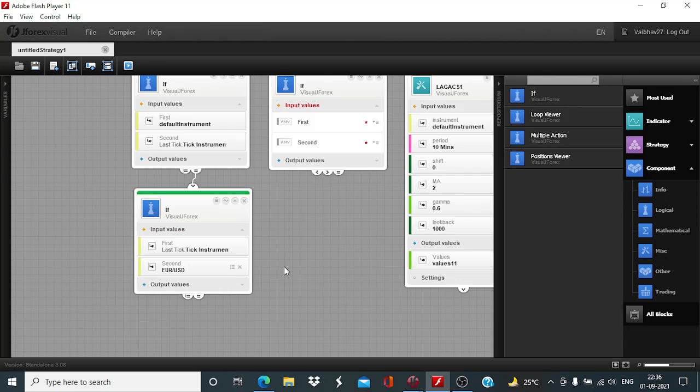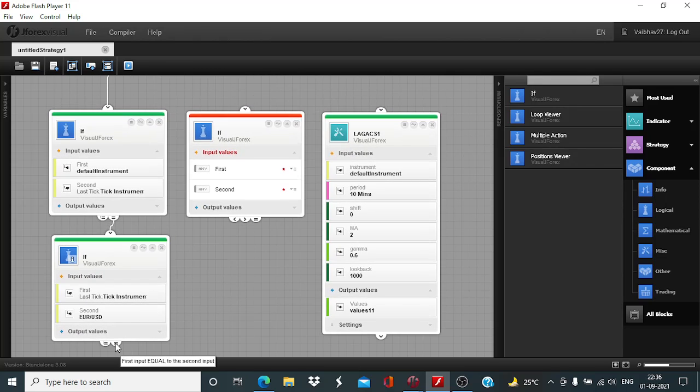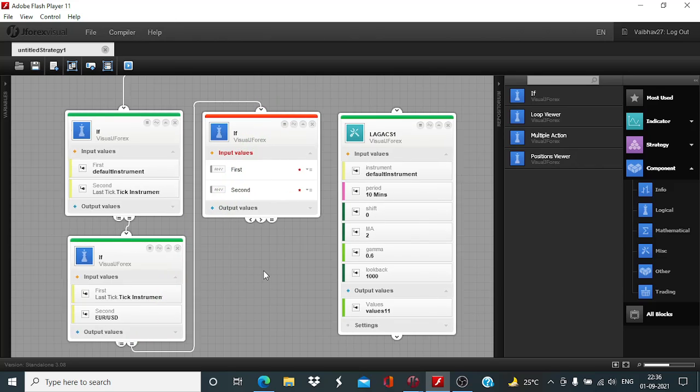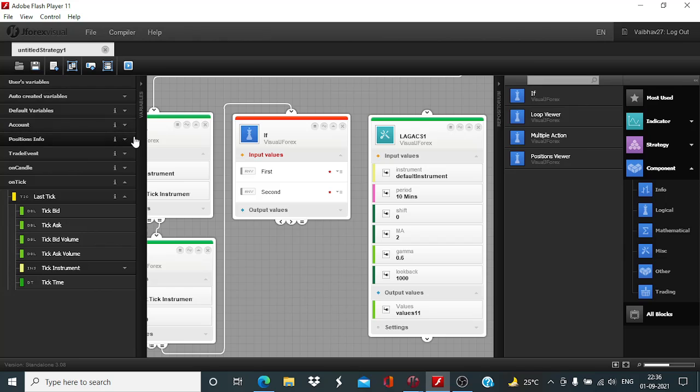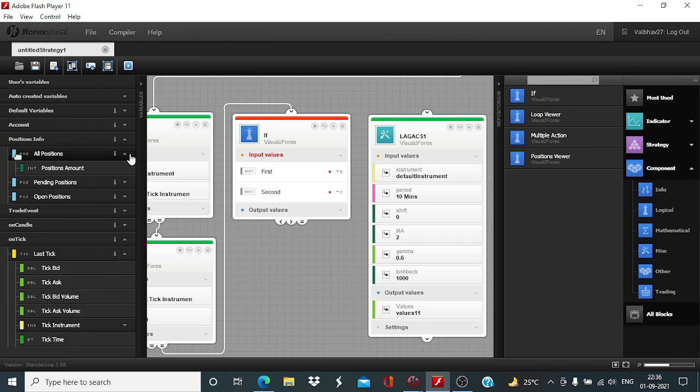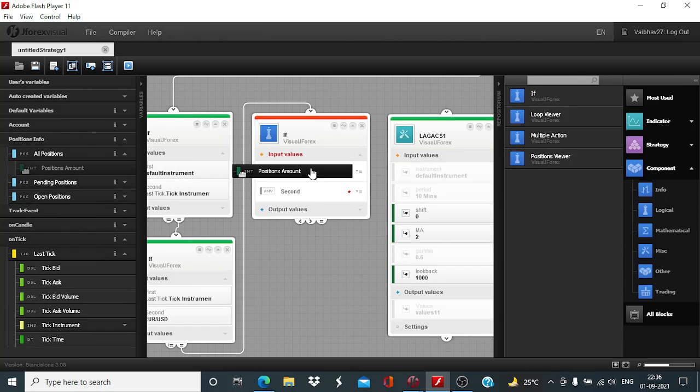Here it is. Okay. And after this, we will take the position info, all position amount, and it should be equal to 0.